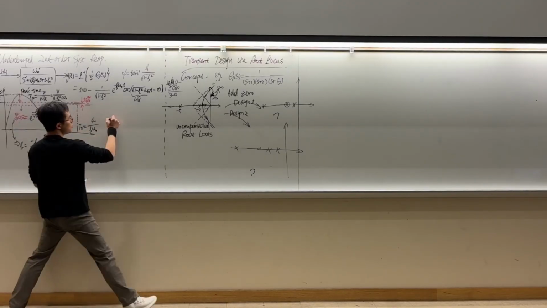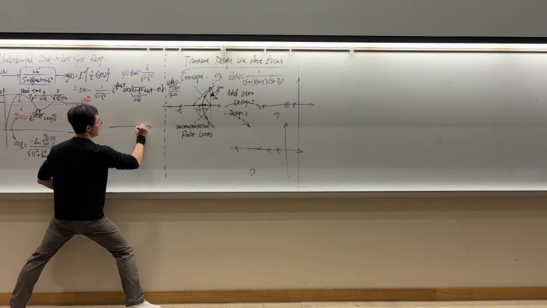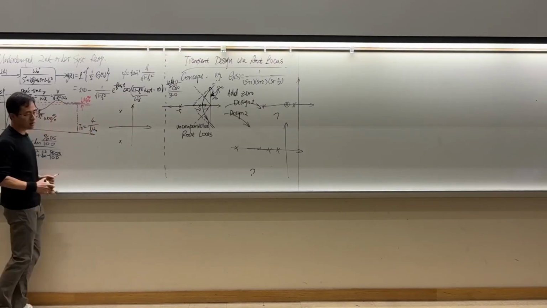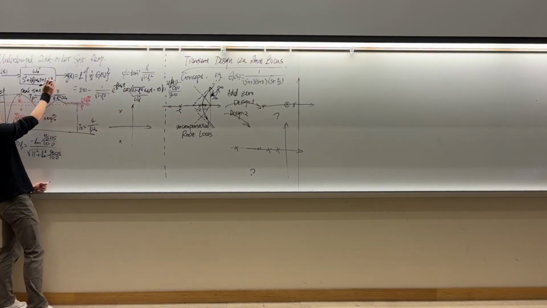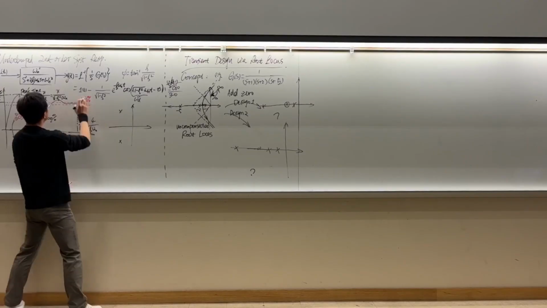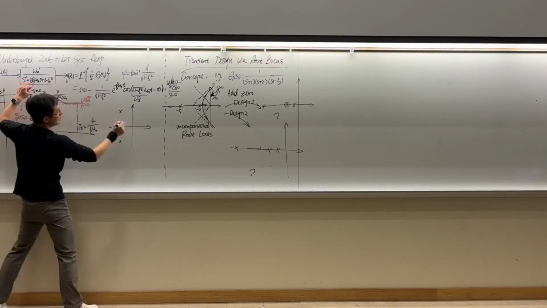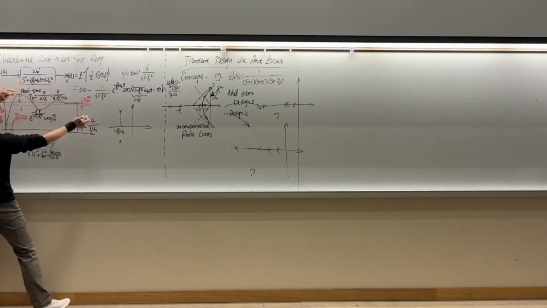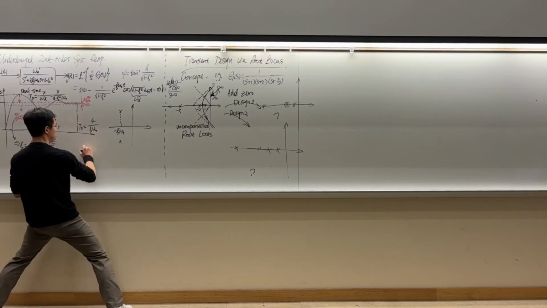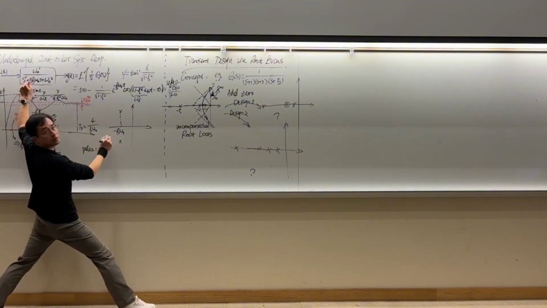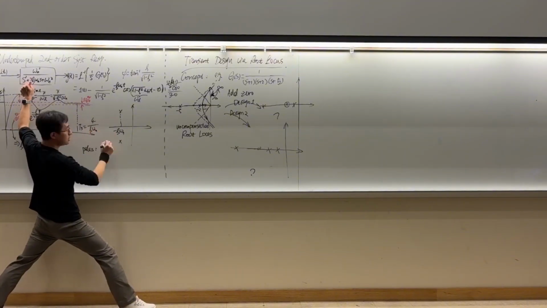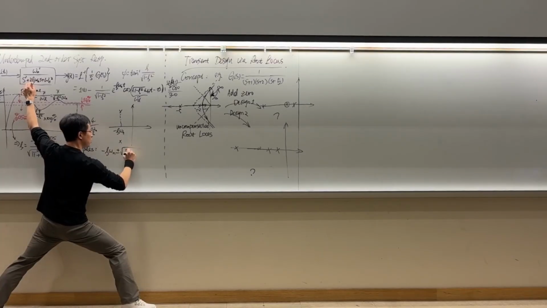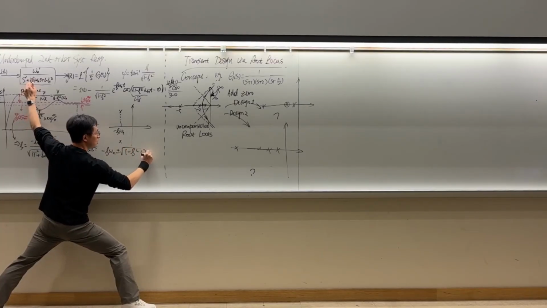Now, the damping ratio story is as follows. If we have a pair of complex poles for this system, suppose the poles are located like this, then the system poles, just solving for the roots of the denominator polynomial, are negative zeta omega n plus minus square root of 1 minus zeta squared, omega n j.